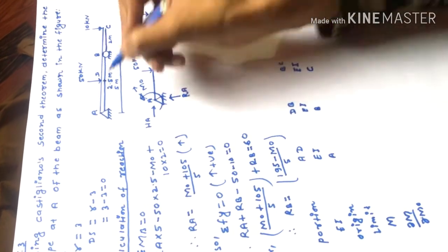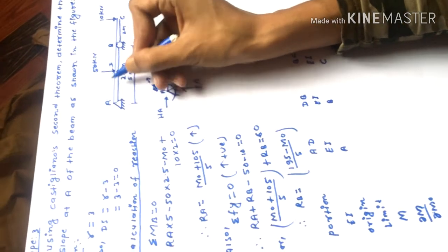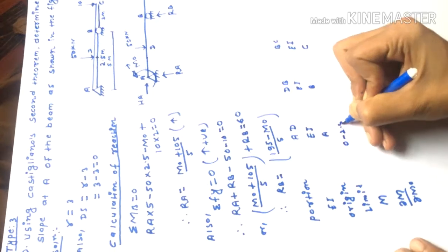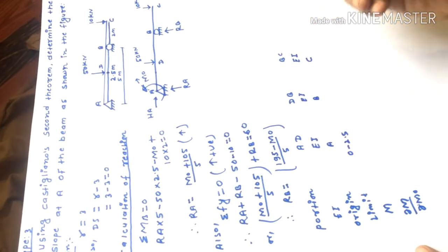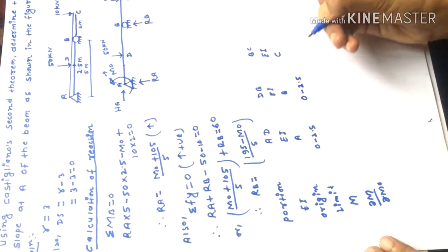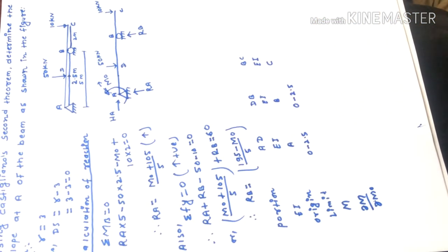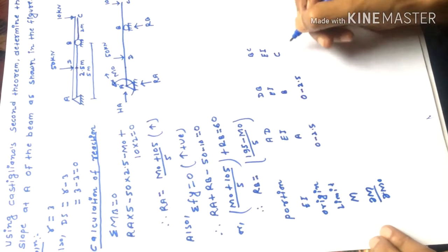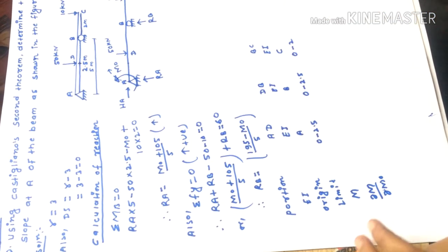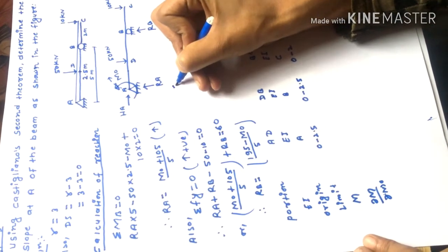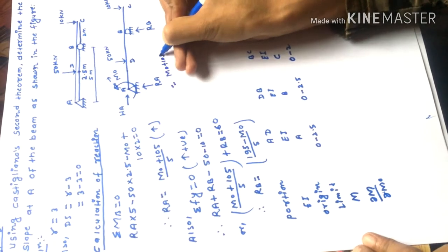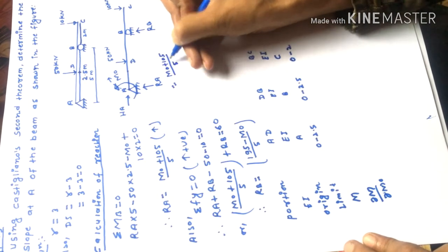Next, limit. In the figure we can see in portion AD our limit is 0 to 2.5, in portion DB our limit is 0 to 2.5, and in portion BC our limit is 0 to 2. Next, let us put RA equal to (m0 plus 105) divided by 5.